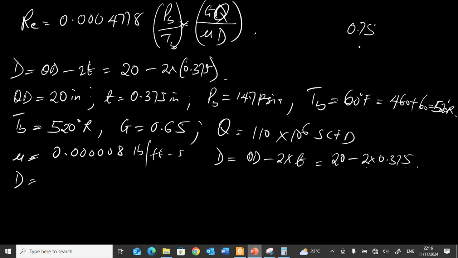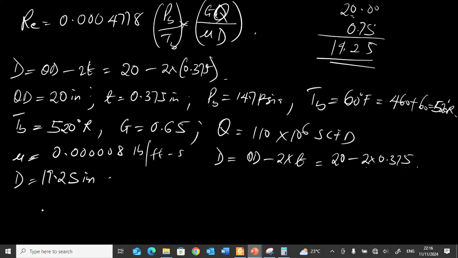Now subtracting 0.75 from 20, you have 19.25. So that means the internal diameter will be 19.25 inches. So that is what we're going to use to calculate our Reynolds number.